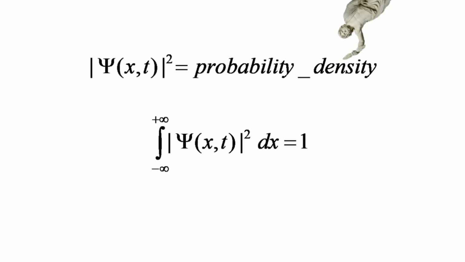Also, from very basics of probability theory, the sum of all probabilities is 1. Similarly, the integral of our probability density in entire space is equal to 1. It is known as normalization of wave function. But in this video, I am not going to use these. It's just for reviewing basics of quantum mechanics.